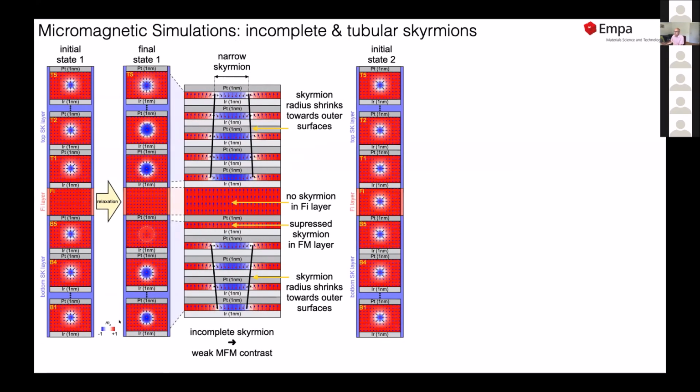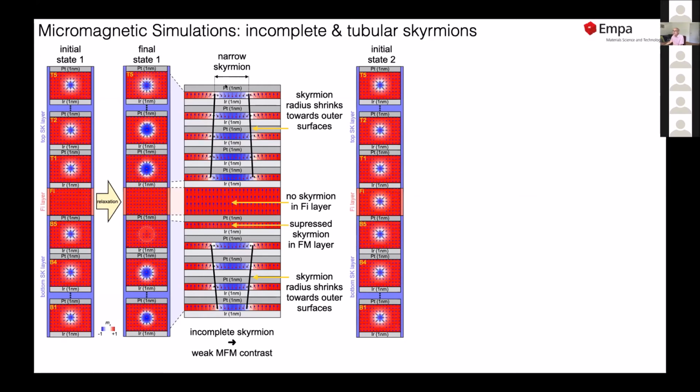The skyrmion radius enlarges a little bit, and in the topmost ferromagnetic layer of the bottom skyrmion generator layer, the skyrmion actually vanishes. It's suppressed by the strong coupling to the ferrimagnet, which is in a homogeneous magnetic state. Here you see the cross sections, with the skyrmion radius reducing somewhat towards the outer surfaces.